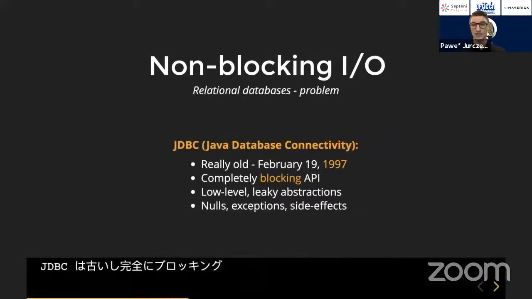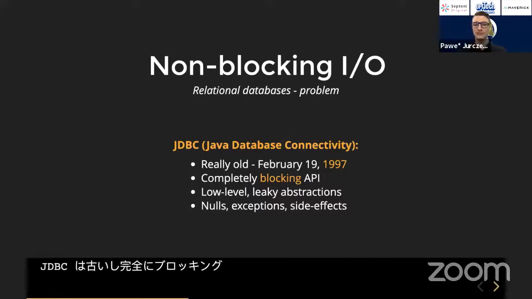When it comes to relational databases, on the other hand, we have problems communicating with such databases in a non-blocking manner. There's one main problem here. The problem is called JDBC. There are a couple of problems with JDBC really. The first one is that it's quite an old technology already. It's more than 23 years old now.